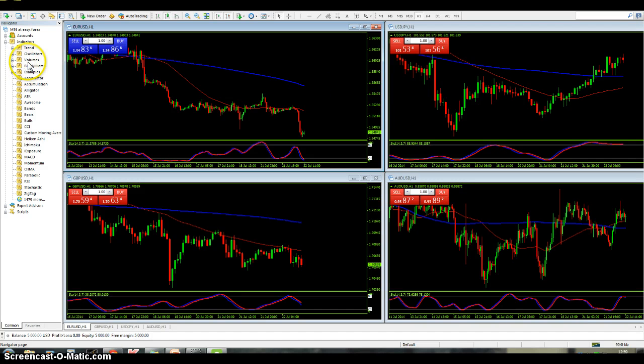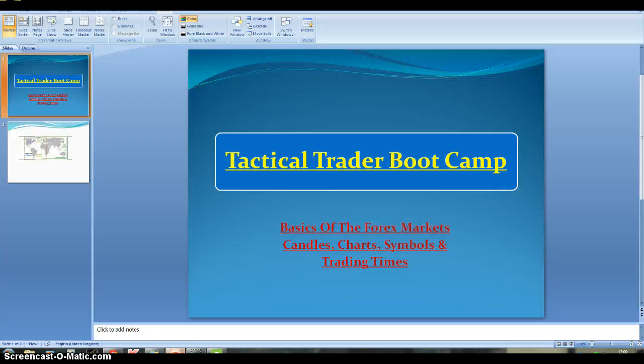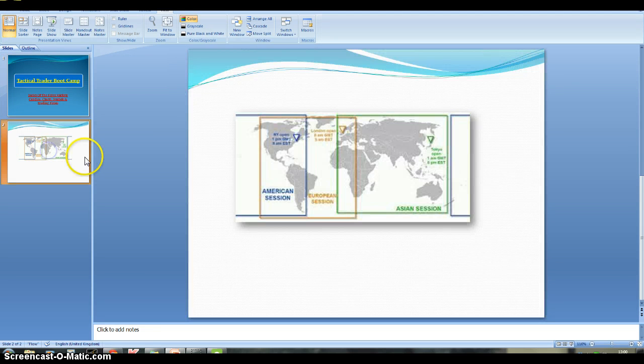Okay, so I'm going to talk about some trading times. Obviously the Forex market is from all around the world. This is a little picture I got off the internet just for a brief description about it. So when the world market opens, first of all starting in Sydney and Tokyo, they open up 8 o'clock in their time of the world.